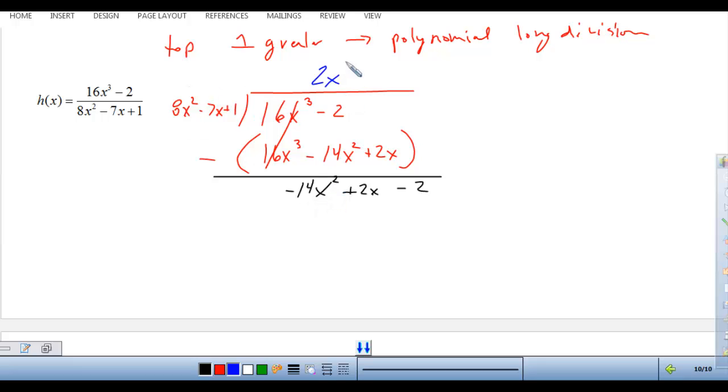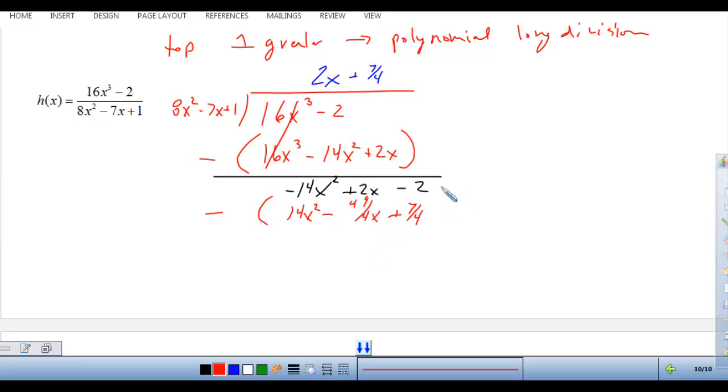And then we're going to go ahead and multiply again. This one's going to be a 7/4. 7/4 x times 8x squared is 56/4, which reduces down to a 14. So that will give me my 14x squared, leaving me with 49 over 4x.